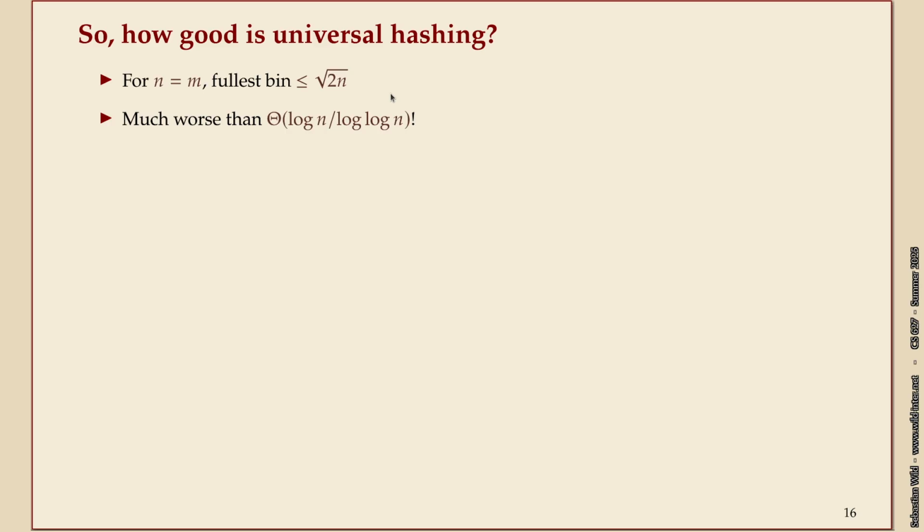Which means universal hashing achieves something. The worst case guarantee for the worst case query time is square root n, but it's not comparing so well with binary search trees anymore. Much, much worse than the bound that we had for uniform hashing.